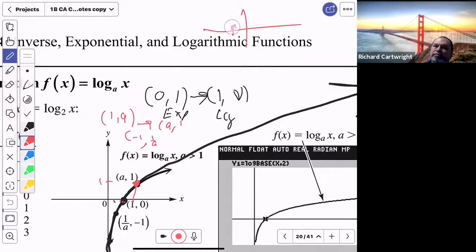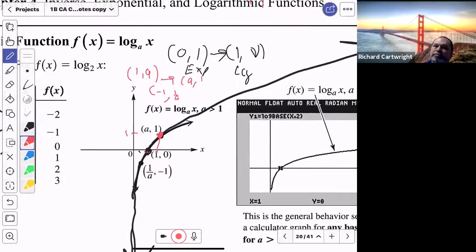So in log, it's go over 1 over a, go to the right just a little bit, and then go down 1.